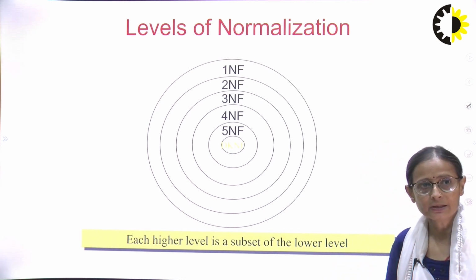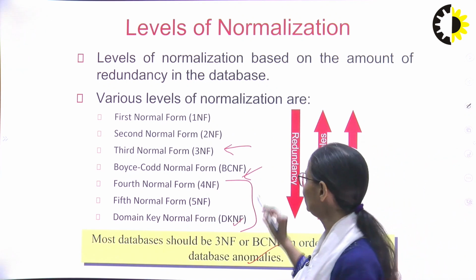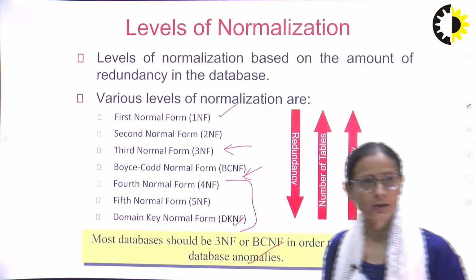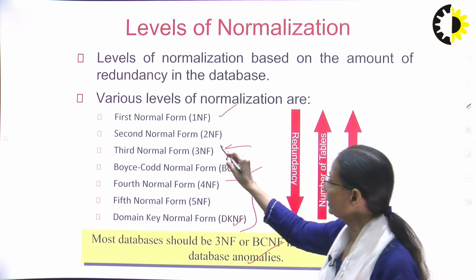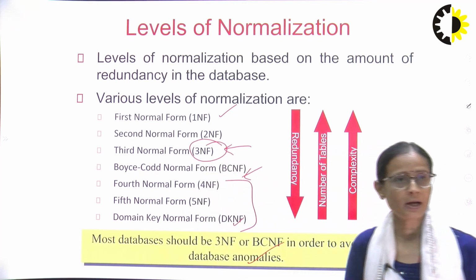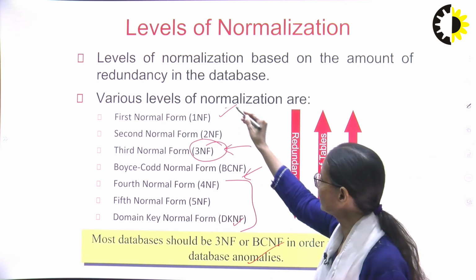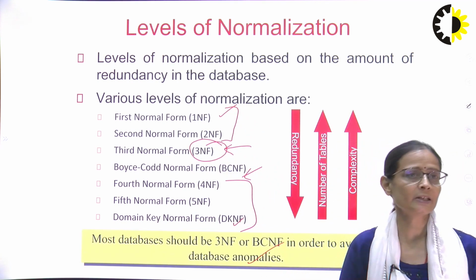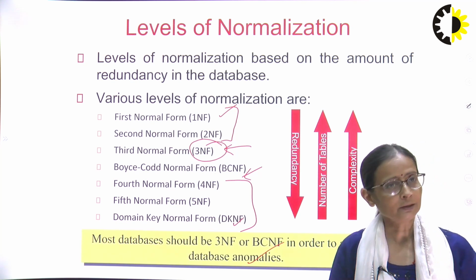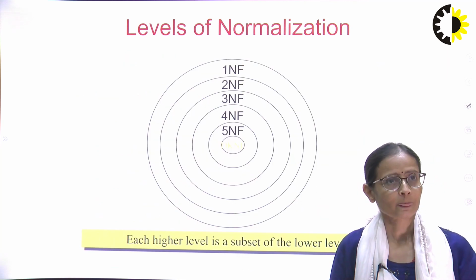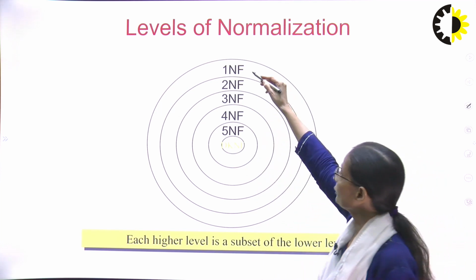Each higher level is a subset of the lower level. If I am saying that my database is normalized up to 3NF, then this automatically implies that my data satisfies the properties of 1NF and 2NF also. The very first is 1NF.